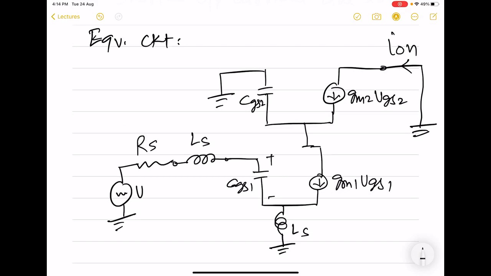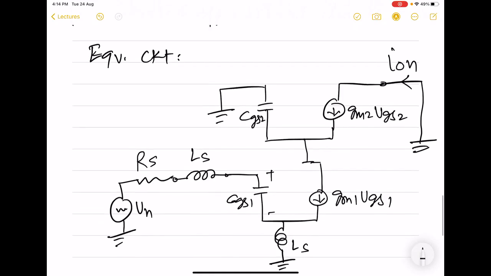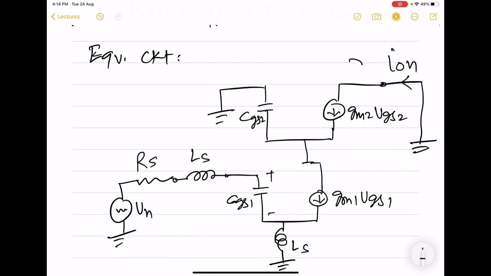And this is the noise source due to RS. So in this circuit, we want to know what is ION. So here we have drain 2. This is source 2. And this one is source 1. And this node is drain 1. So drain 1 and source 2 are shorted.